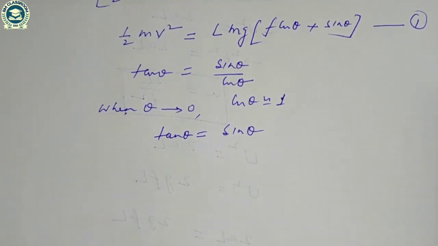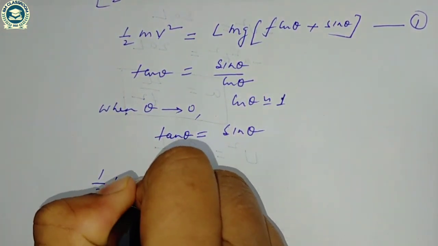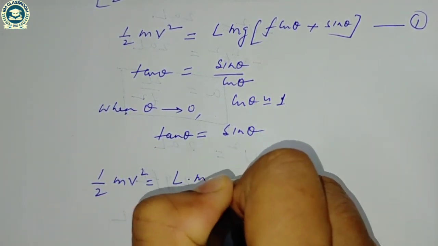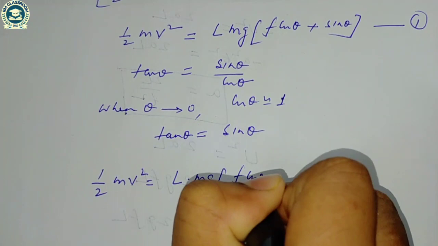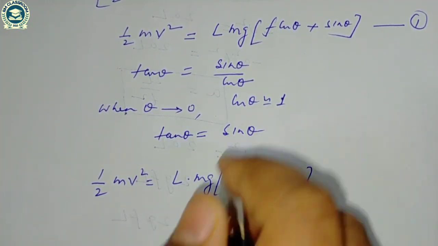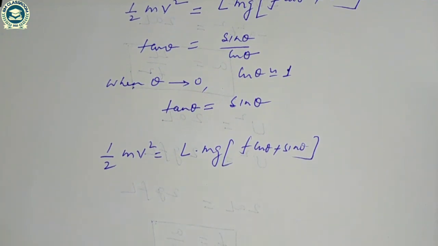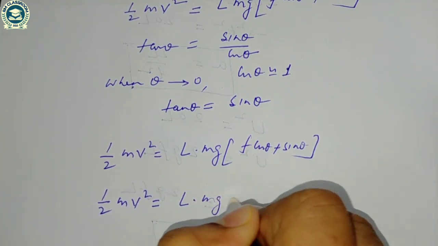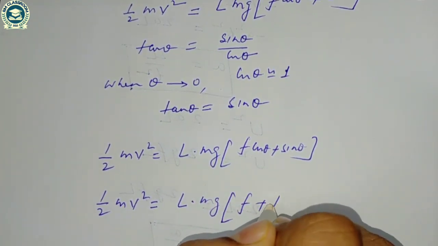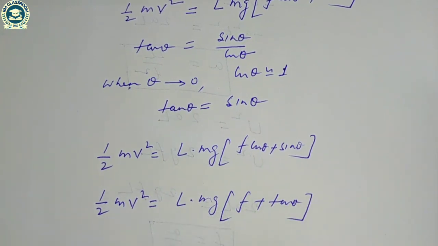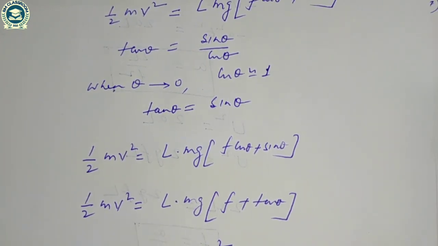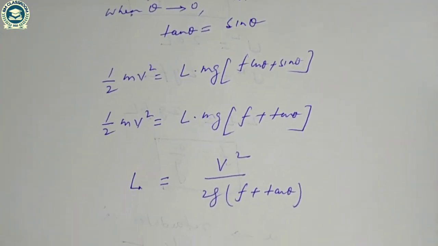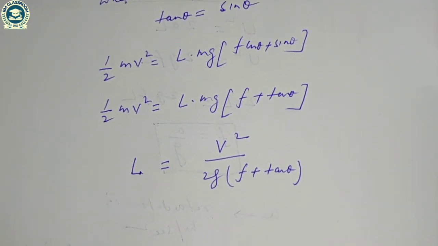So from equation 1 we can write half mv square is equal to L into mg f cos theta plus sin theta, or half mv square is equal to L into mg f plus tan theta, or L is equal to v square by 2g f plus tan theta. So this is the expression of braking distance.